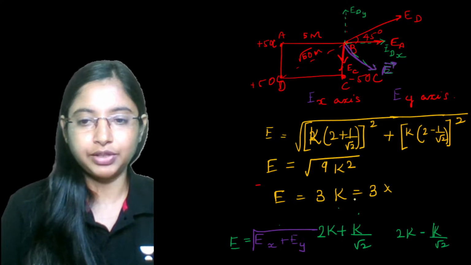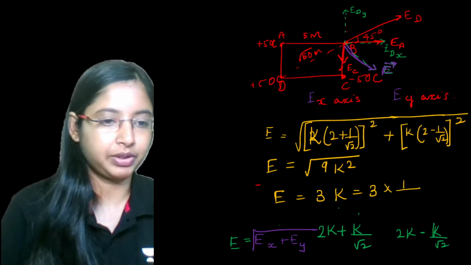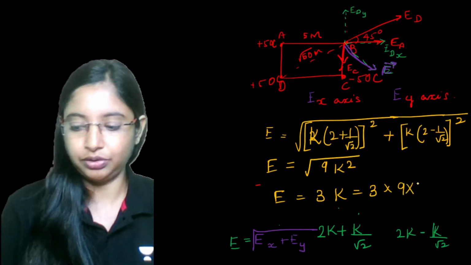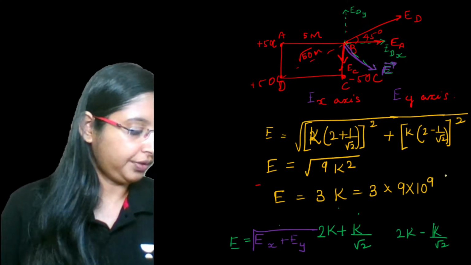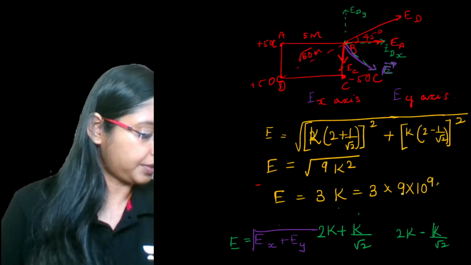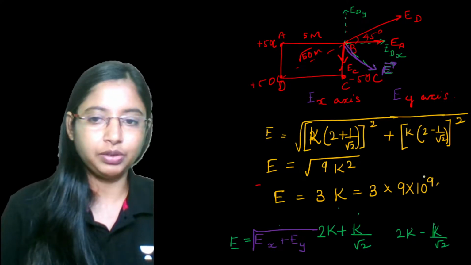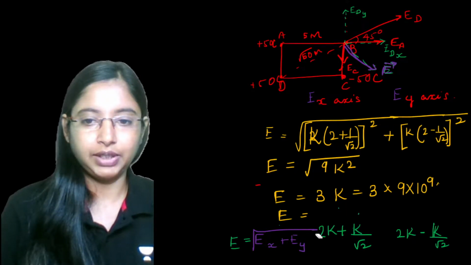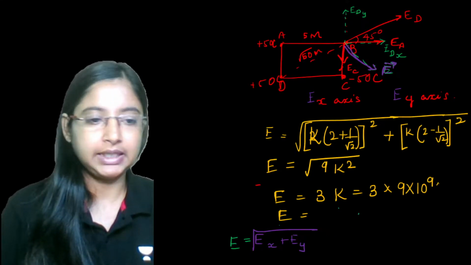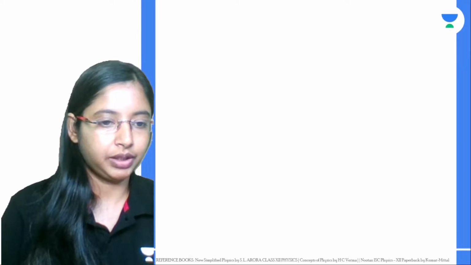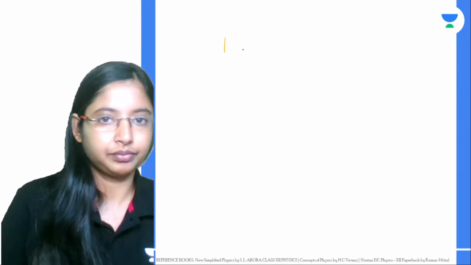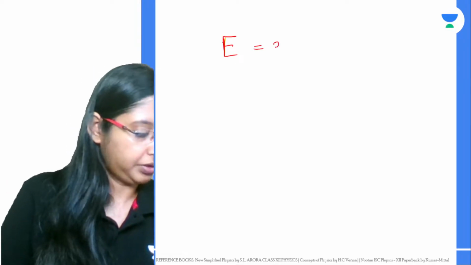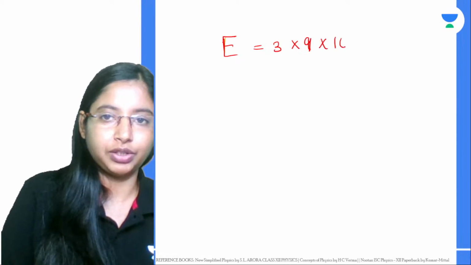k is nothing but the electrostatic force constant, which is 1 by 4 pi epsilon naught, and its value is 9 into 10 to the power of 9. The unit for electric field is Newton per Coulomb. So if you substitute this value, the electric field E that you will get would be 3 times 9 into 10 to the power of 9.